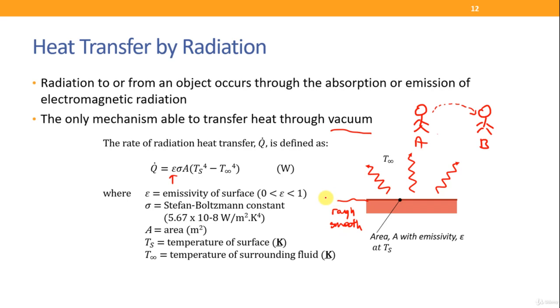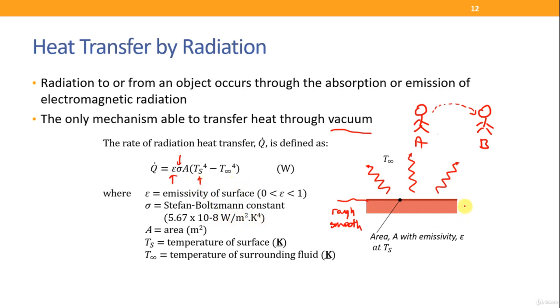So it largely depends on these two factors, and it's always between 0 to 1, where 1 is when it's dark and very rough. Sigma is a constant number. It is the Stefan-Boltzmann constant, and it's 5.67 times 10 to the power of minus 8.